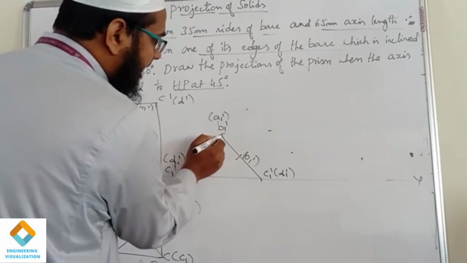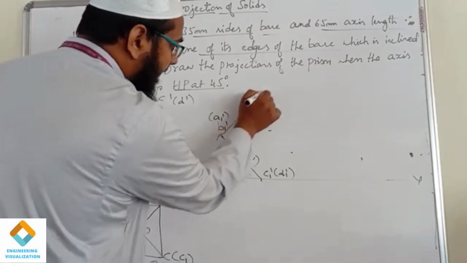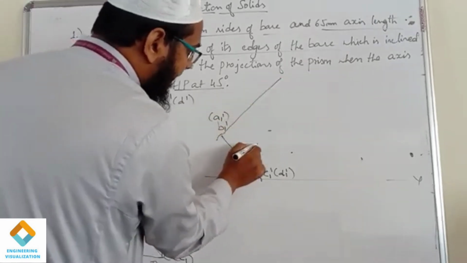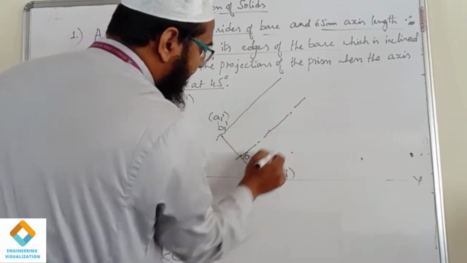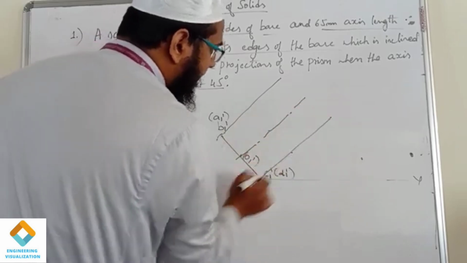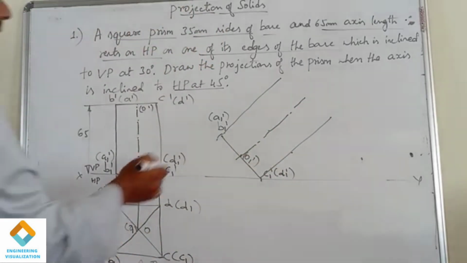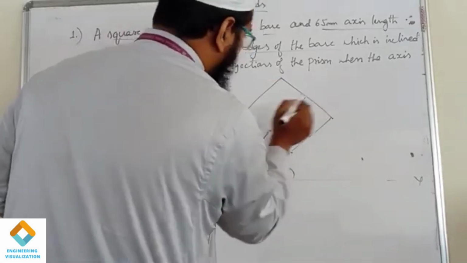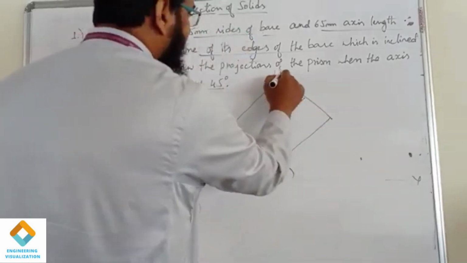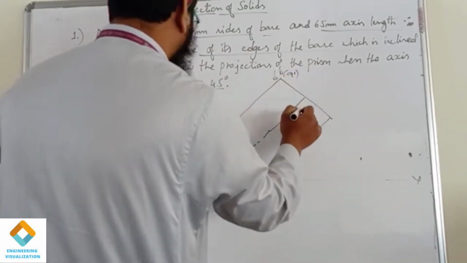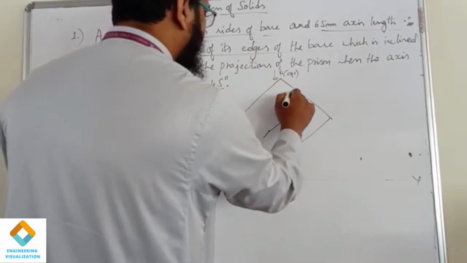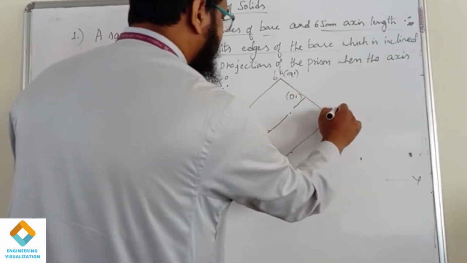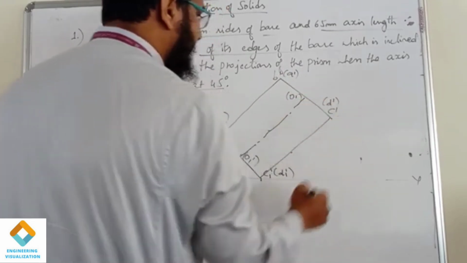Using a straight line scale, draw a straight line here. So this is B dash, this is O dash, this is C dash, D dash.